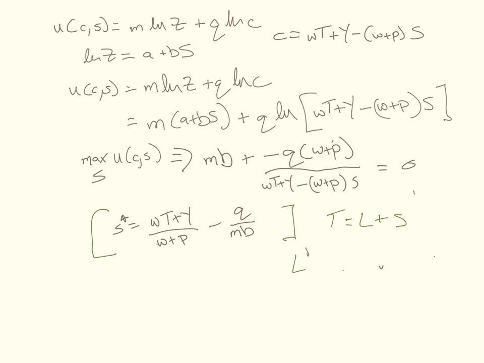Well, to figure out the optimal amount of labor, you just plug in the optimal amount of schooling and subtract that from the time endowment, so that you wind up with L star equal to your time endowment minus (WT plus Y over W plus P plus Q over MB). And there's your choice of child labor too.